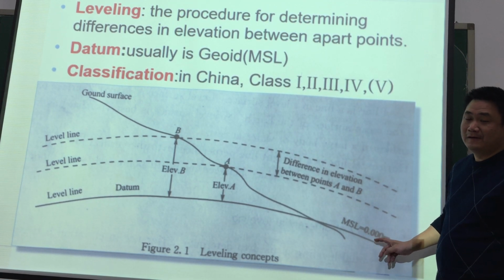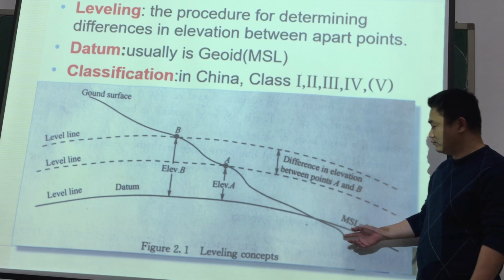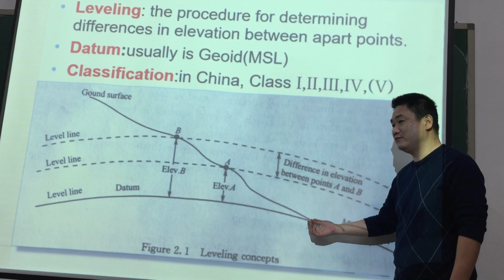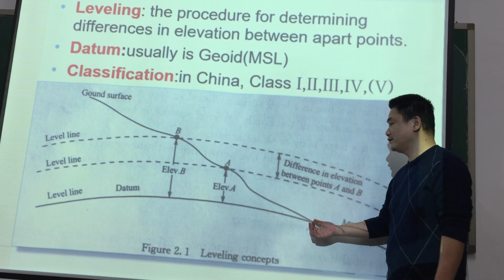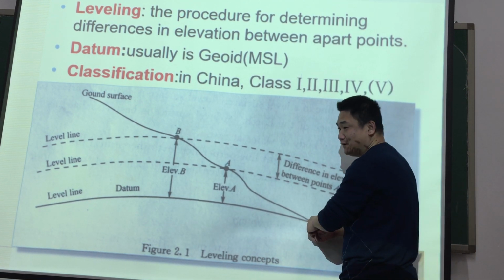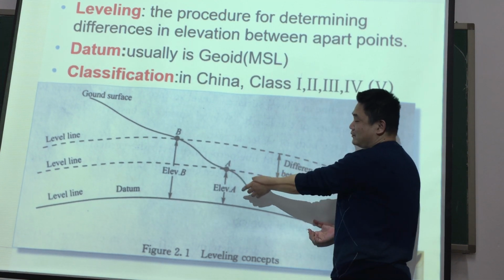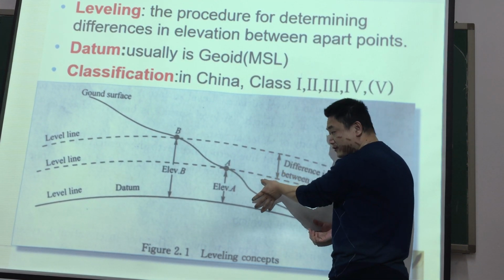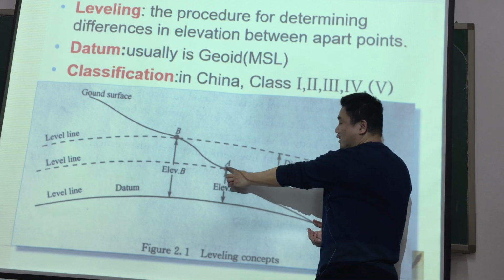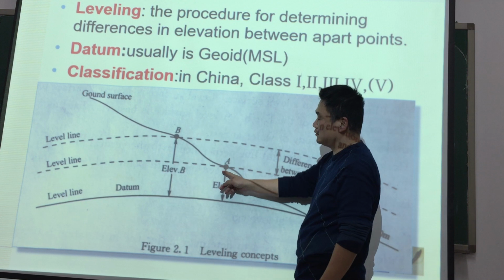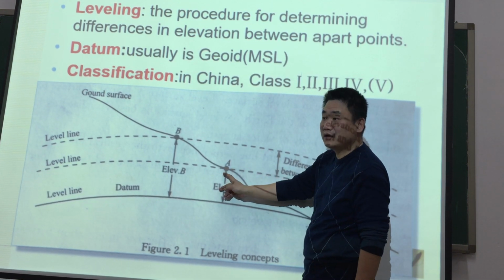For a country, if we do leveling from here, the original elevation point of the country, to point A, we can determine the elevation difference between A and O. So here we can get the elevation of point A.